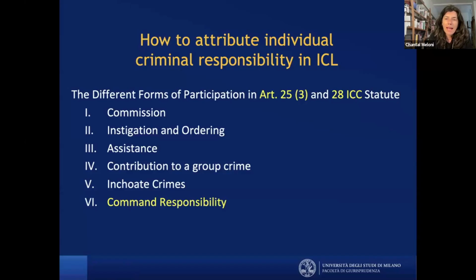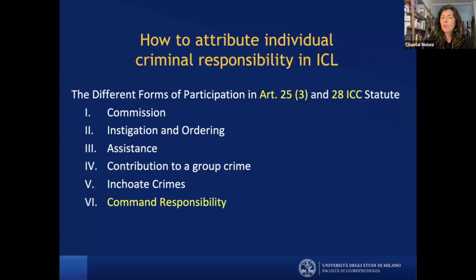So again, just making it really basic, there are different forms of participation according to what is provided for in Article 25.3 of the Rome Statute. And these are commission, instigation, ordering, assistance, contribution to a group crime, or also incitement to genocide and attempt.